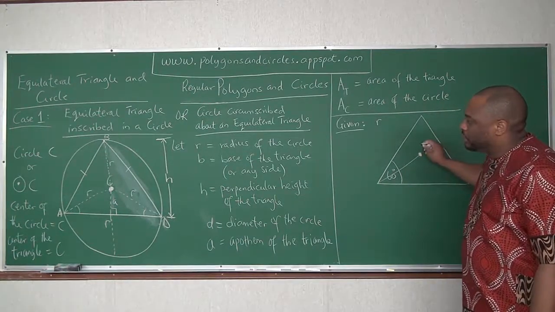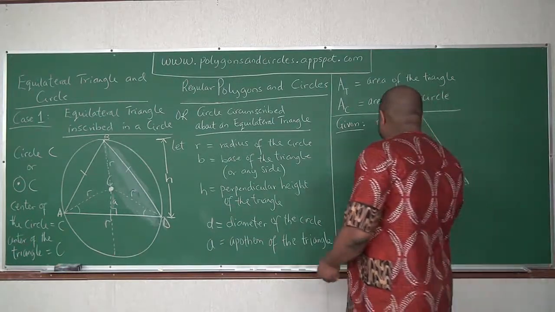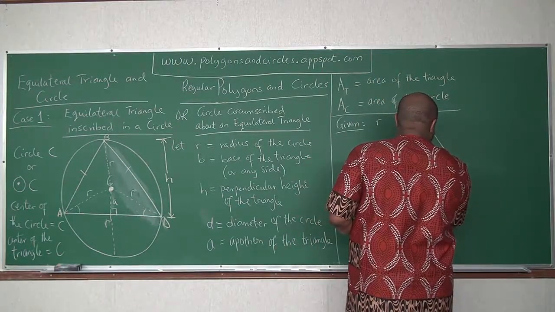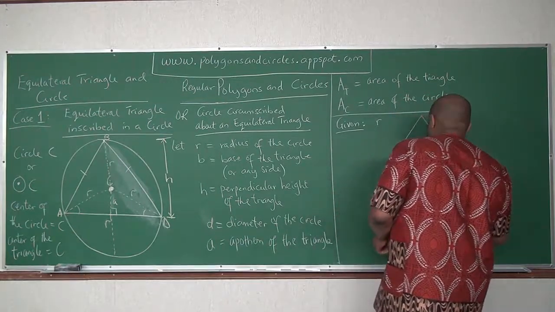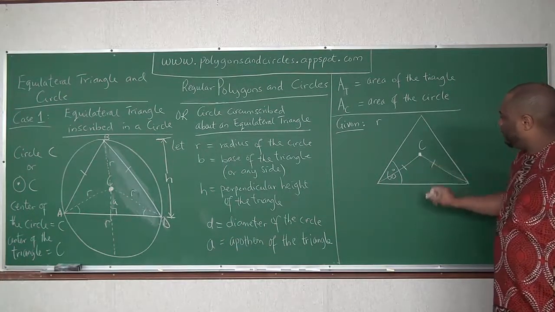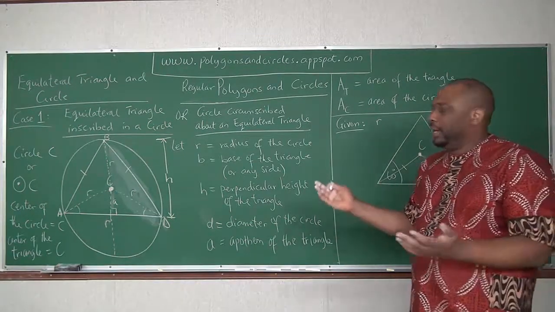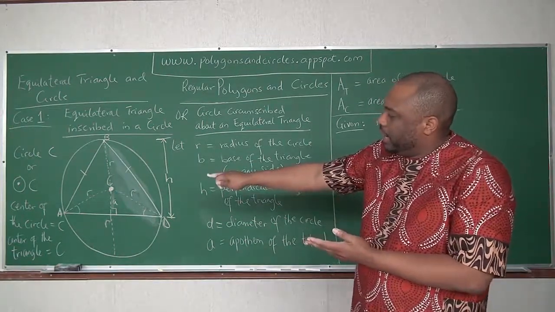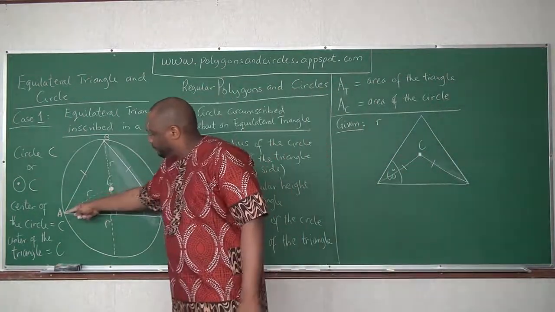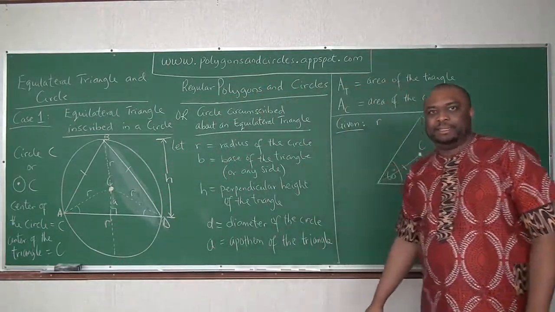Based on the fact that you have this from the center of the circle to this vertex of the triangle, the radius bisects the angle at the vertex.